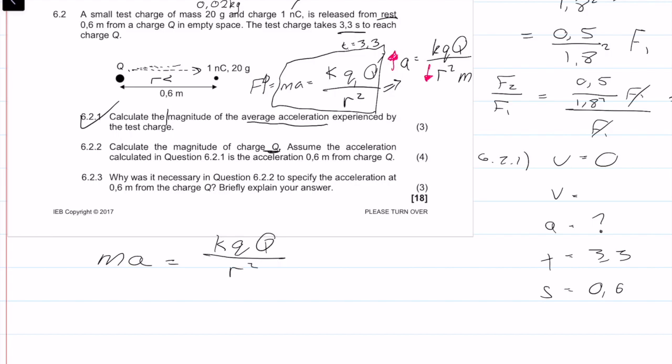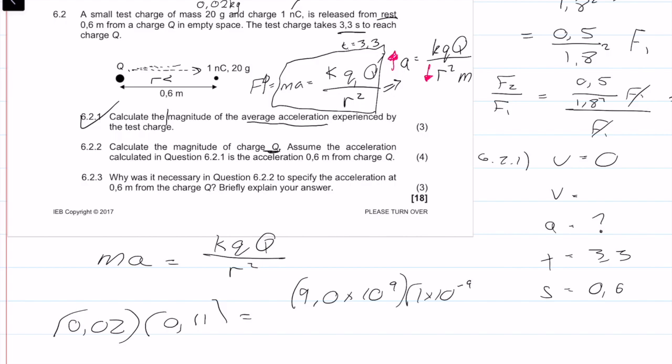We know the mass was given as 0.02 kilograms. The acceleration we just calculated as 0.11 is equal to Coulomb's constant, which is 9.0 times 10 to the 9. Small q is 1 times 10 to the minus 9 because it's a nano. Big Q is the unknown, all over the distance of 0.6 squared.